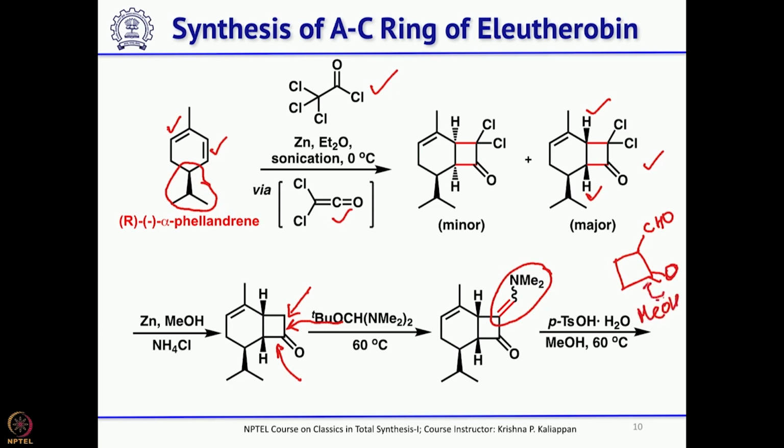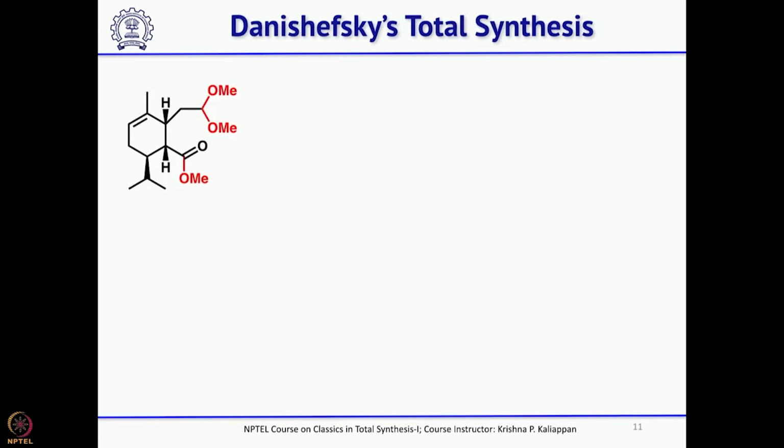The methanol will attack here and open up. So, that will give you the corresponding ester, that is you will have this aldehyde and ester. Okay. This is the product you get.